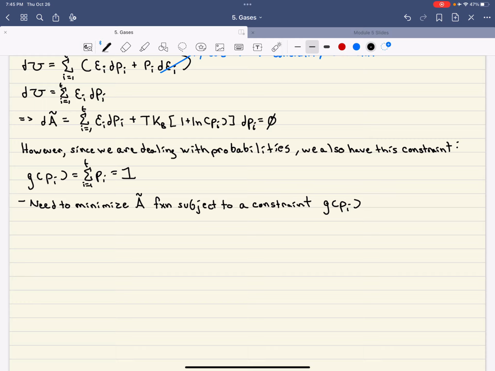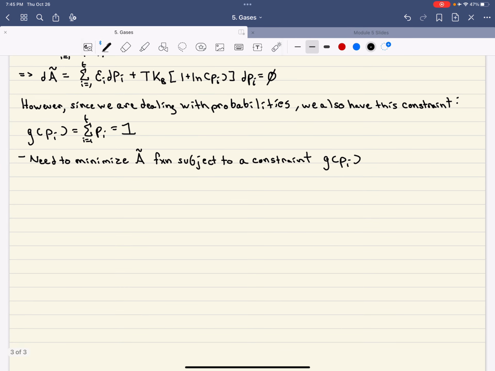Hopefully, this premise rings a bell, because in order to solve this problem, if you remember from Module 1, the mathematical technique that is appropriate is to use a Lagrange multiplier.